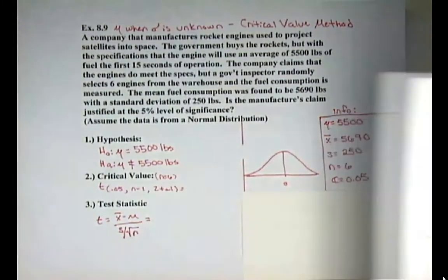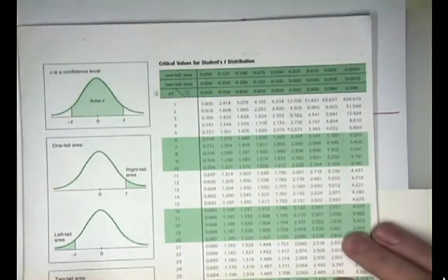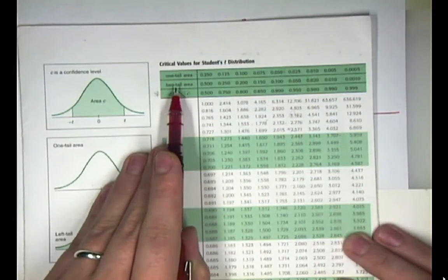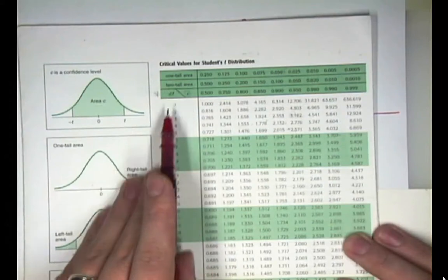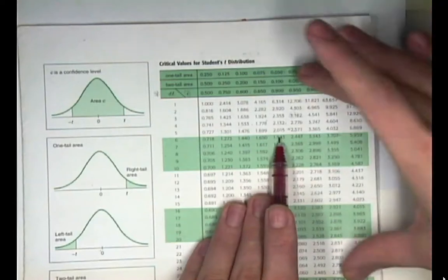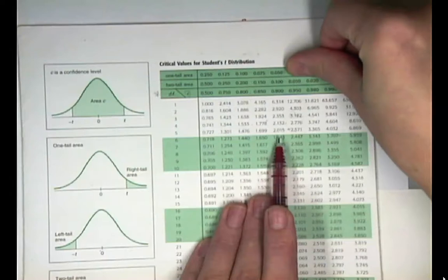So I'm going to go to my t-table, if you remember this from when we were doing confidence intervals. You'll notice on the top you have a one-tail area and a two-tail area. Again, this is a two-tailed test because we have that not equal to statement in the alternative hypothesis. We're going to go down 5 degrees of freedom, and we're going to scroll over to our desired level of significance, which was 5%, which is right here.